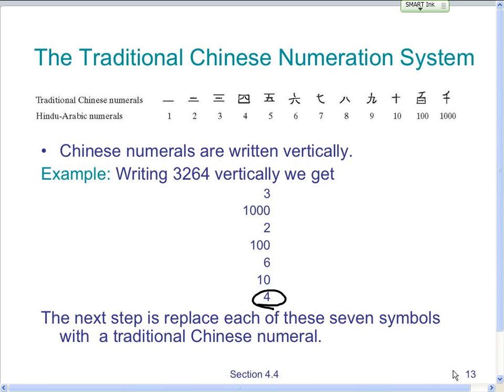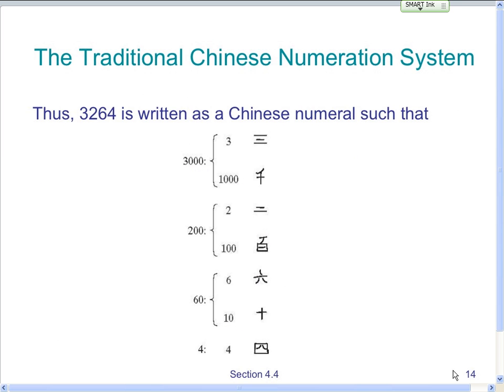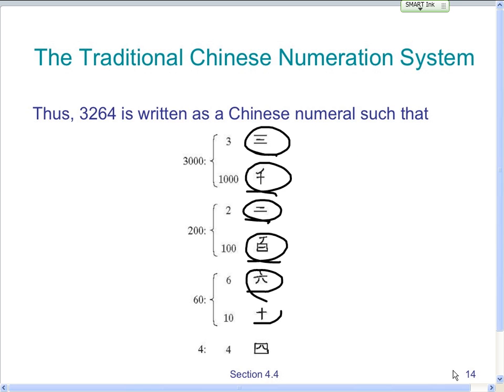They do the symbol for 4, and then for 60, they say they have 6 tens, 2 100s, 3 thousands. And so you draw the symbol for 3, you draw the symbol for 1,000, symbol for 2, symbol for 100, etc. And that would look like this. 3,264.